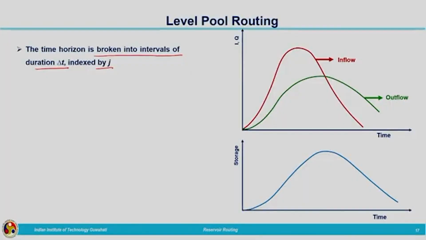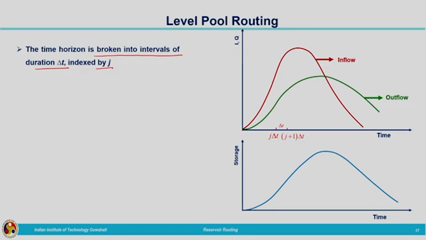That time is discretized into different time intervals delta t. We represent it at the jth index. So, we can write the jth index at this particular point as j delta t, and the next point is j plus 1 delta t. Between these two the time interval is delta t.